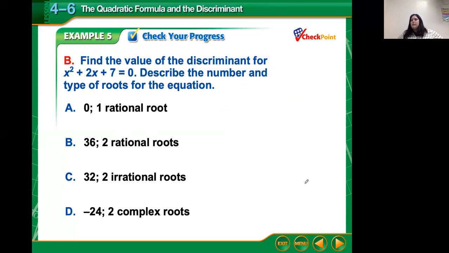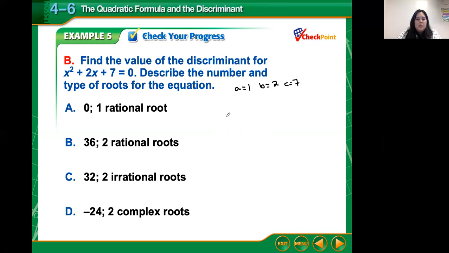All right, go ahead and find the value of the discriminant for x squared plus 2x plus 7 equals 0, and then describe the number and type of roots for the equation. All right, let's take a look here. We're going to identify A is 1, B is 2, and C is 7.